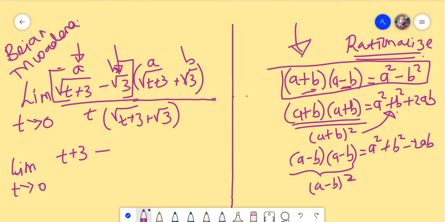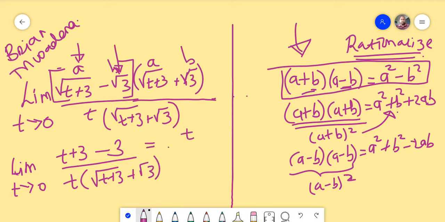Then root 3 squared is 3, and the denominator will be t times root t plus 3 plus root 3. This simplifies to t over t times root t plus 3 plus root 3, and then this t and this t cancel.